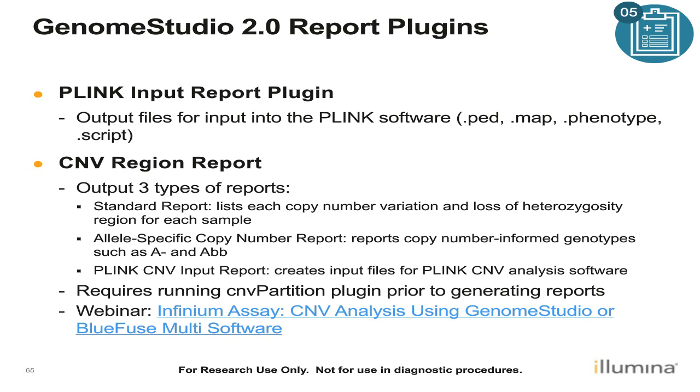There's also the CNV Region Report plugin, which allows you to output 3 types of reports: the standard report, the allele-specific copy number report, and the Plink CNV input report. If you use a CNV region report, this will first require you to run the CNV partition plugin before you can create the report. There's more information on this in the CNV analysis using GenomeStudio or Bluefuse multi-software webinar.